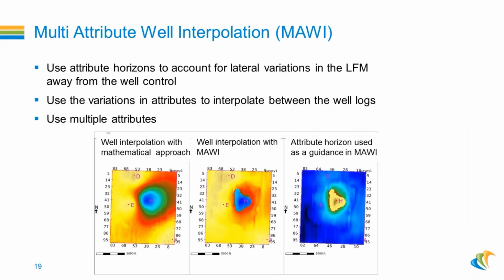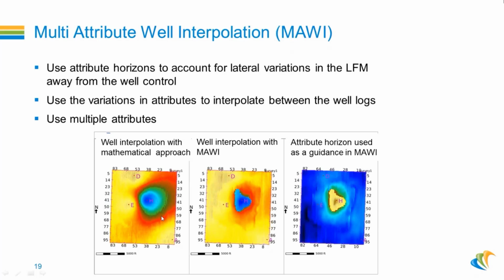Then the next example is the multi-attribute well interpolator called MAWI, and basically what you can do with MAWI is define attribute horizons to guide the interpolation of the 3D cube information per layer. At the bottom here you see 3 maps.